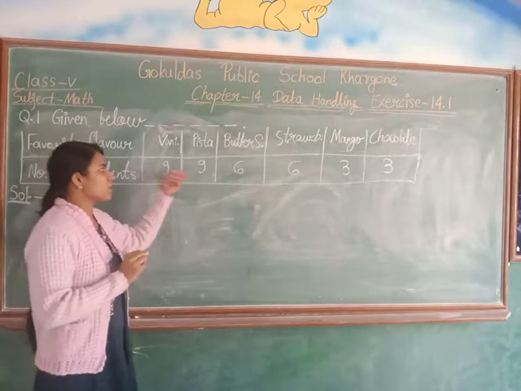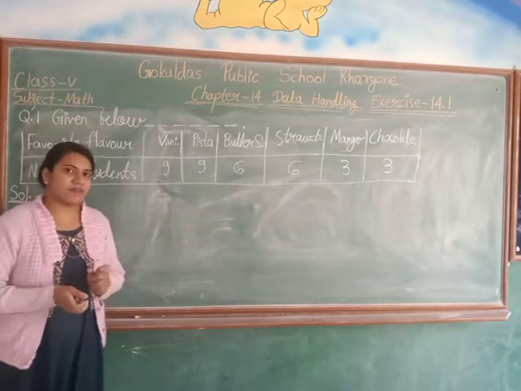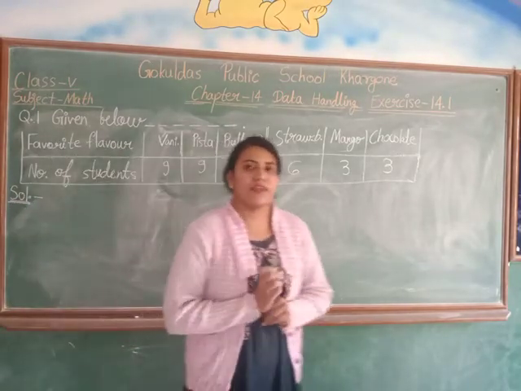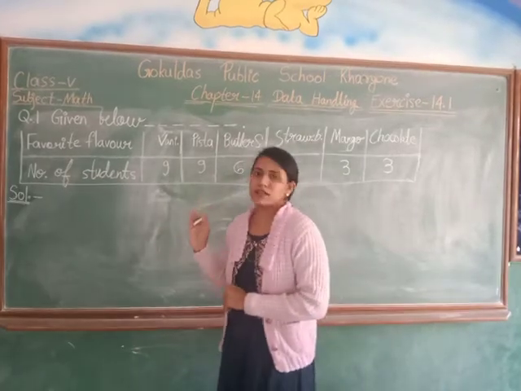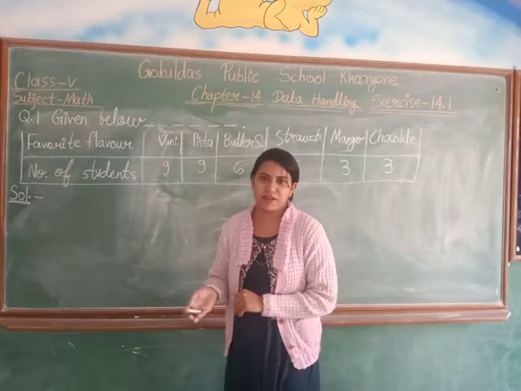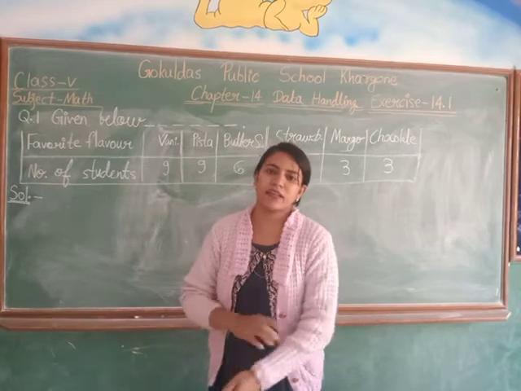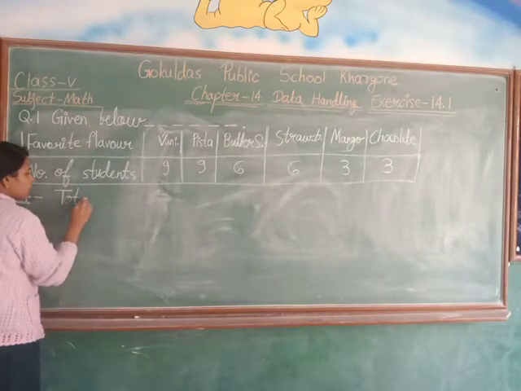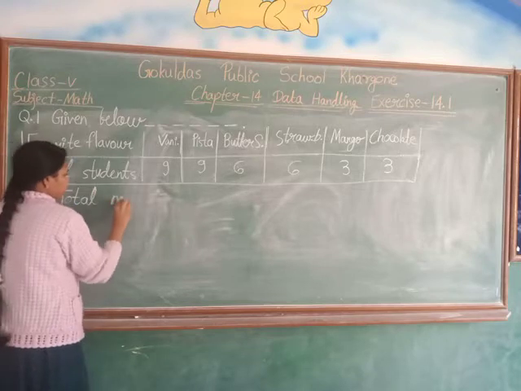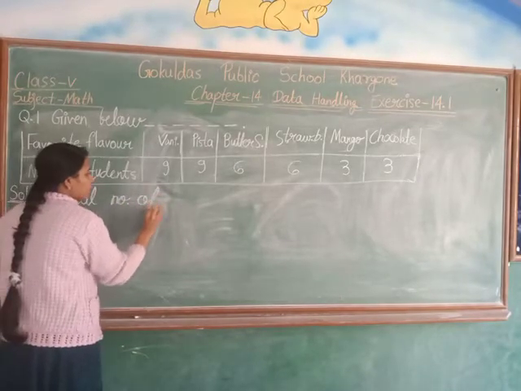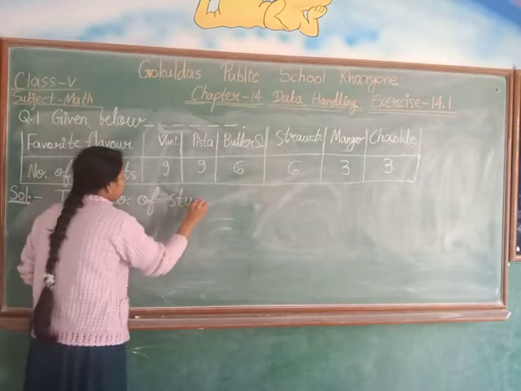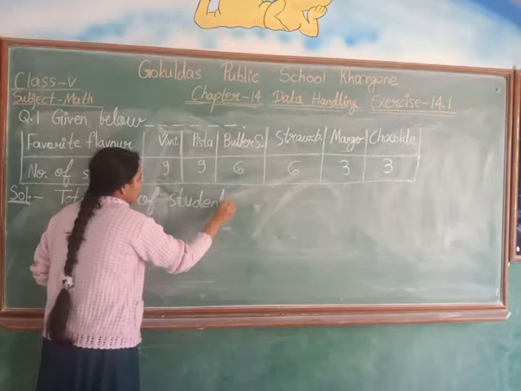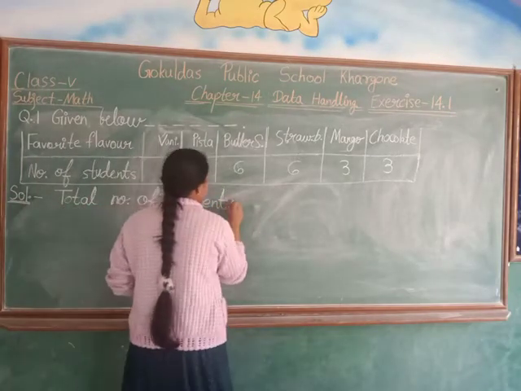As we want to represent this data on a circle graph, we have to convert it first into fractional form. Okay, the data in fractional form. So do you know the total number of students? It is already given in the question.